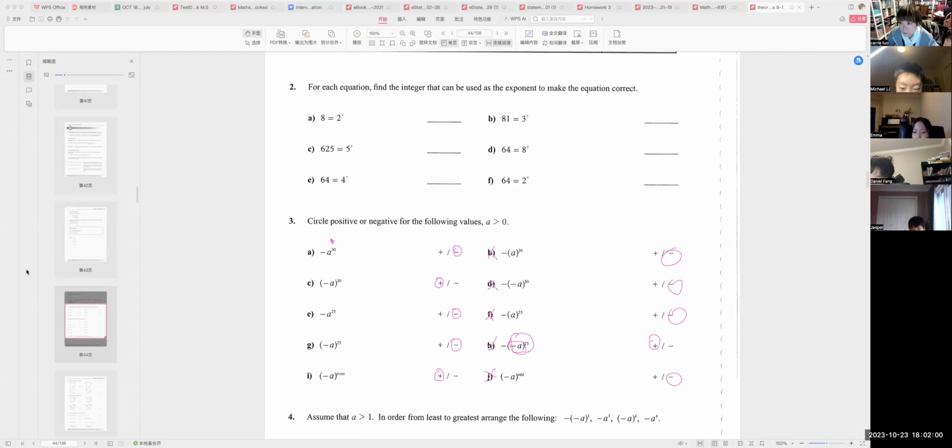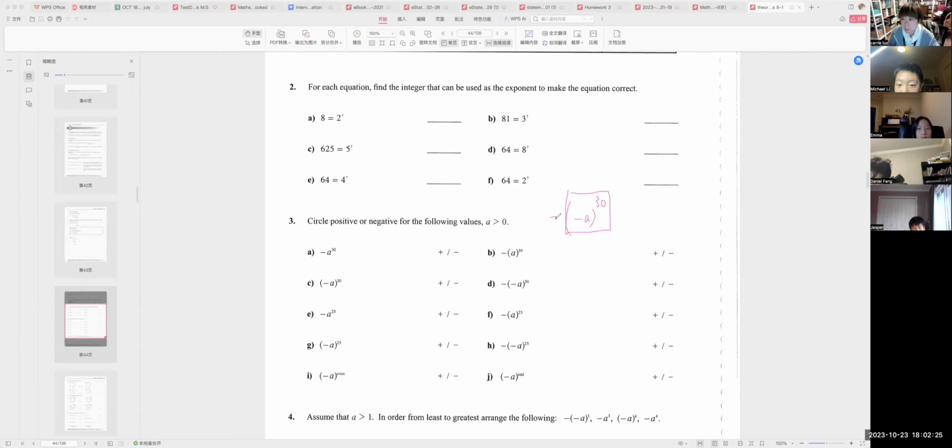Okay, understand it? Because H is positive, shouldn't D also be positive? Because D has two negatives, so two negatives should equal a positive. No, but the power is even. This power is odd. So number D is negative A to the power 30, right?